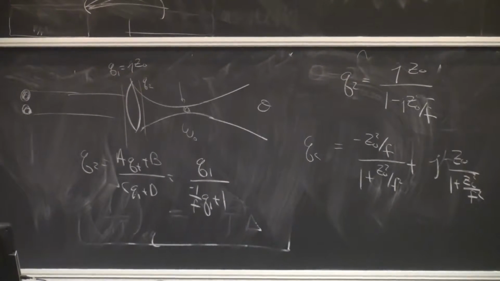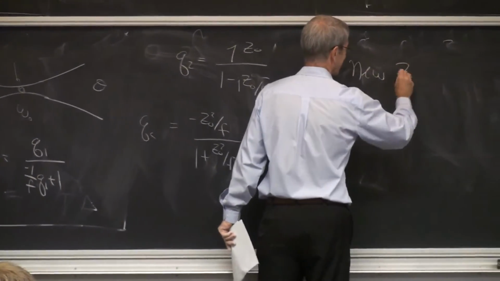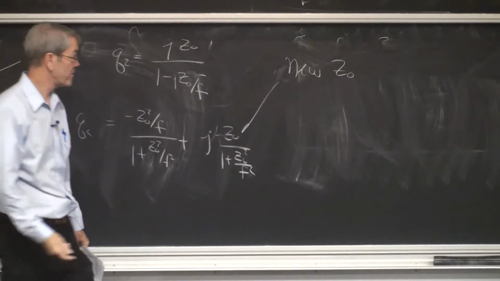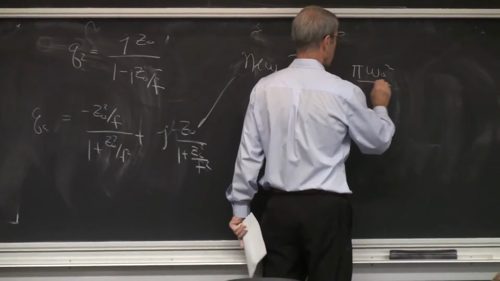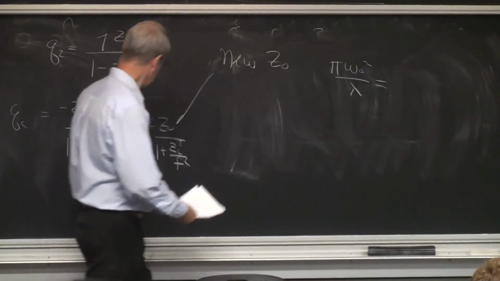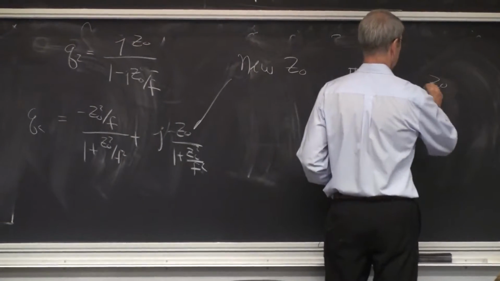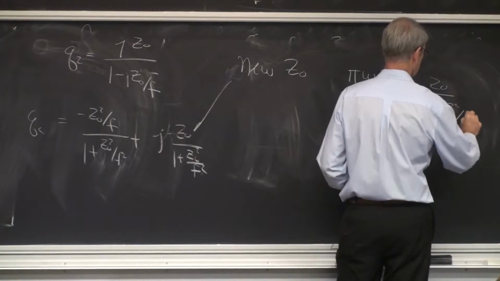This is my new z naught right there, and z naught is pi omega naught squared over lambda. So I know that pi omega naught squared over lambda must equal this: my original z naught divided by 1 plus z naught squared over f squared.